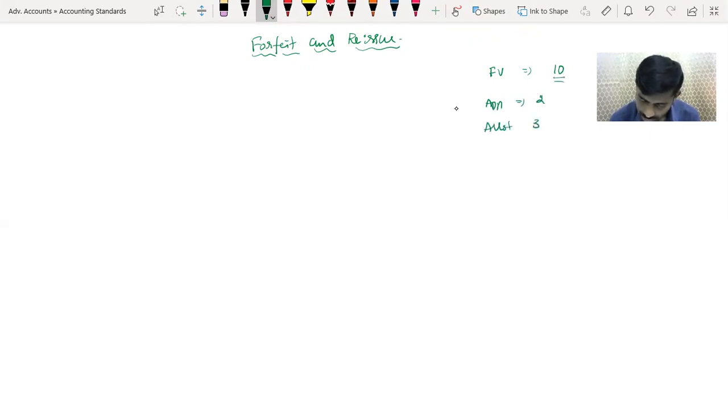Face value is 10 plus 2 rupees premium, therefore the issue price is 12, correct? So 3 rupees is towards face value plus 2 rupees premium, therefore 5 rupees I collected. Then the first call another 2 rupees collected, and the final call 3 rupees. This is how it is 10 rupees plus 2.